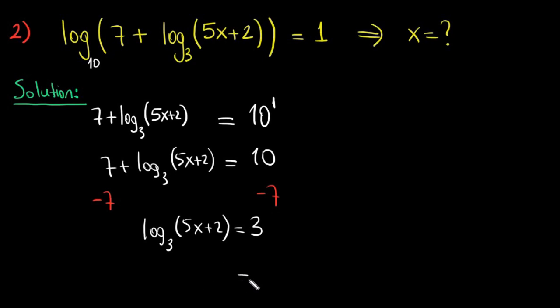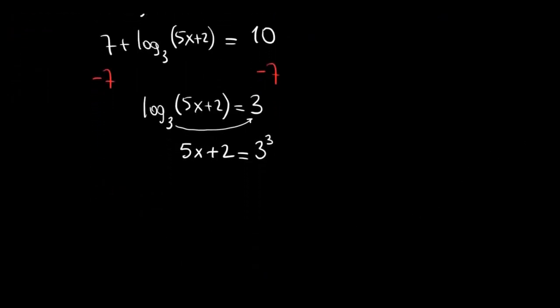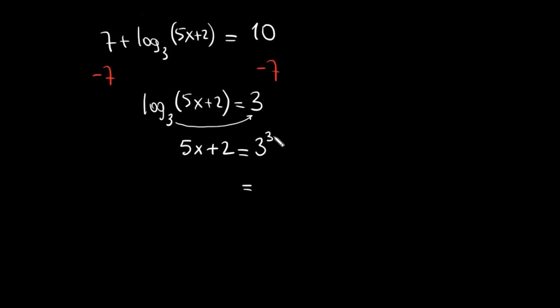Right now, 3 to the power of 3 is going to be this expression, so let me write that on the left-hand side. 5x plus 2 is going to be equal to 3 to the power of 3. 3 to the power of 3 is 3 times 3 times 3, which is 27.